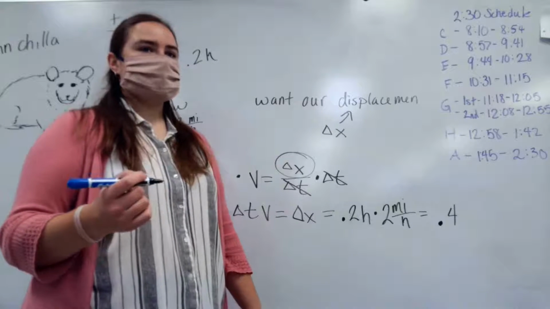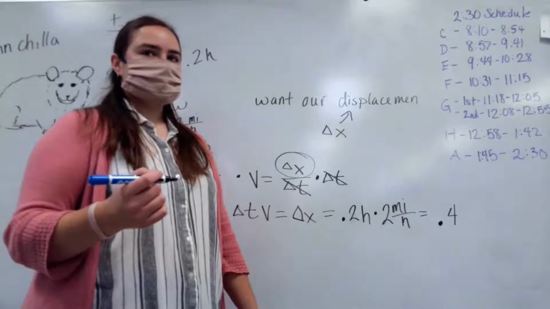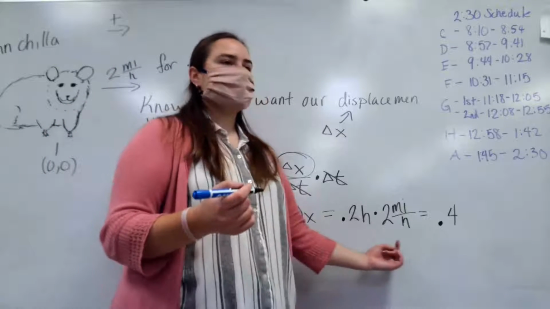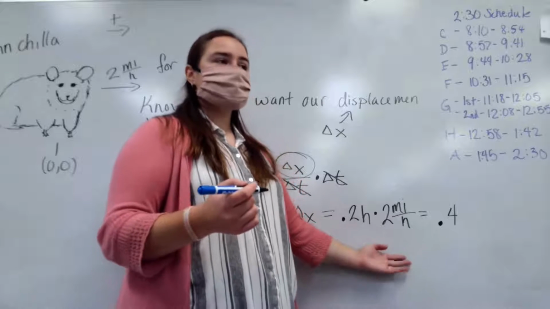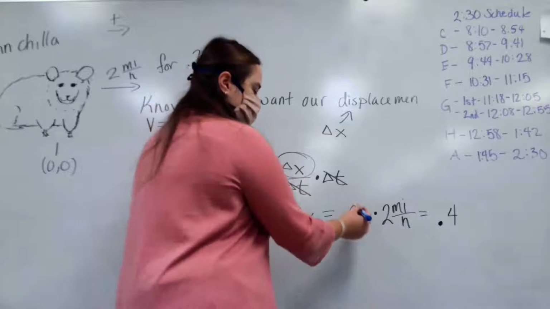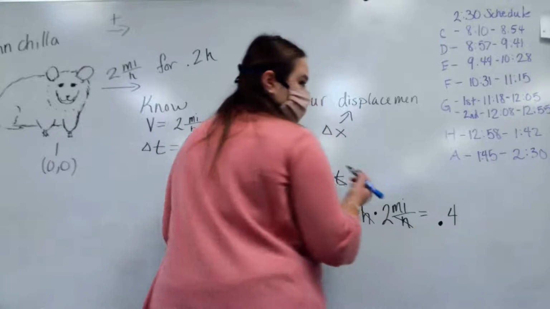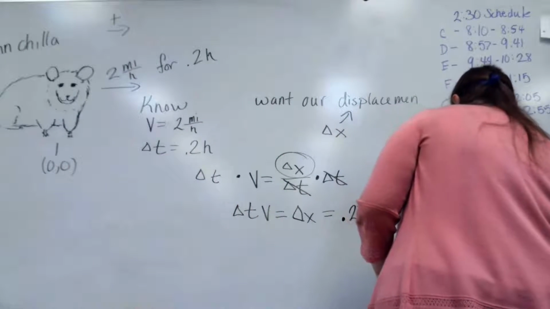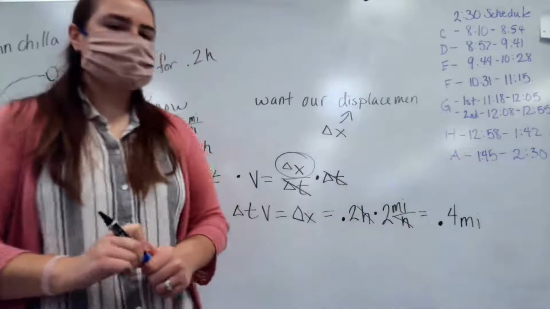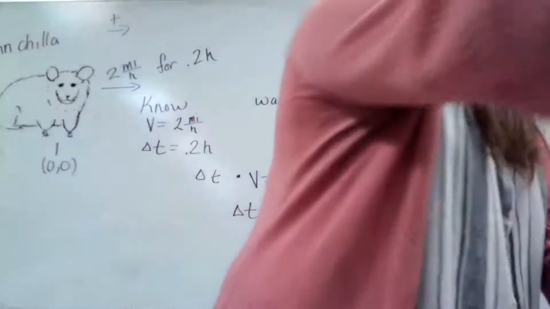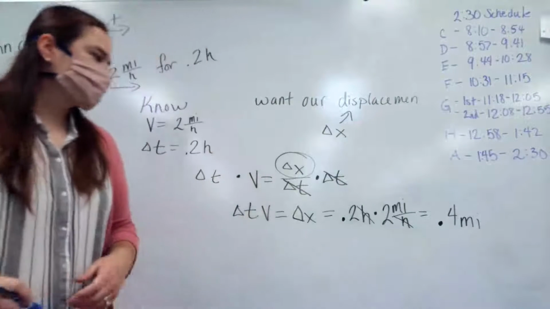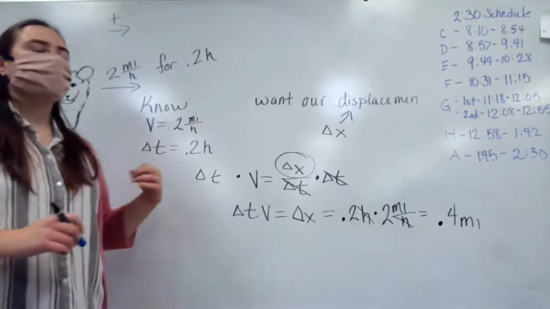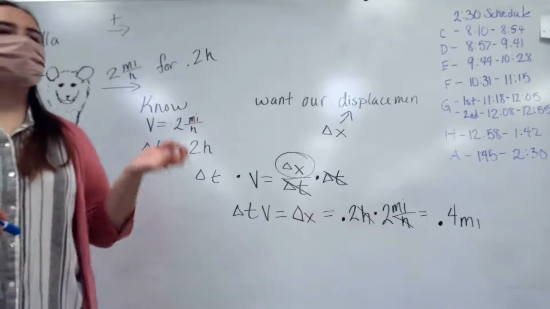You guys remember how we check our units? No? All right. We can cancel units out just like we could before, just like if they were numbers. So we can cancel our hours out. What are we left with? Yeah. Miles. So we get 0.4 miles.